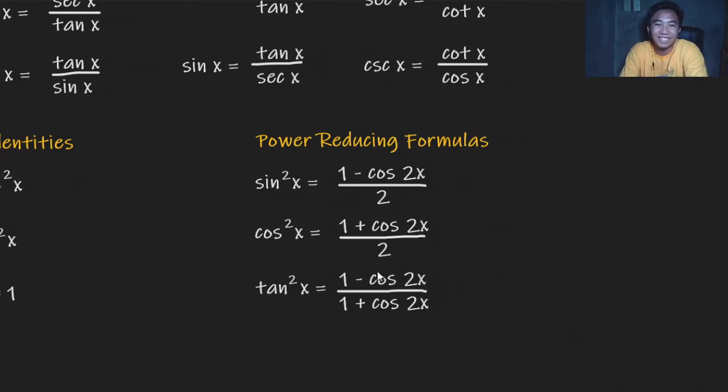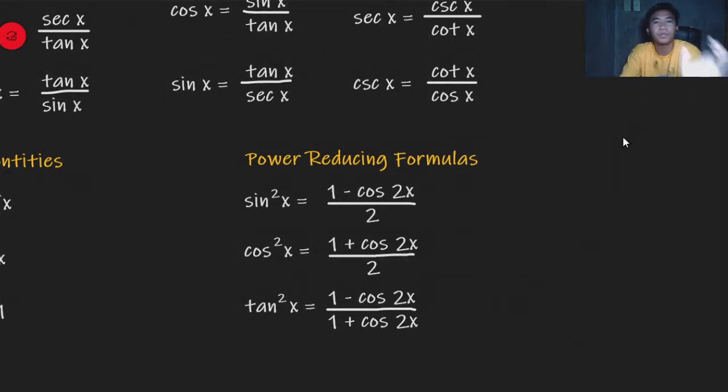So, next is cosine squared x is equal to 1 plus cosine 2x all over 2. So, ito, i-recite nyo na lang. Screenshot nyo, sulat nyo, tapos i-review, and then, gawa na kayo ng technique. Paano nyo ba matatandaan yan? So, practice nyo lang, review lang paulit-ulit, and then makukuha nyo din yan.